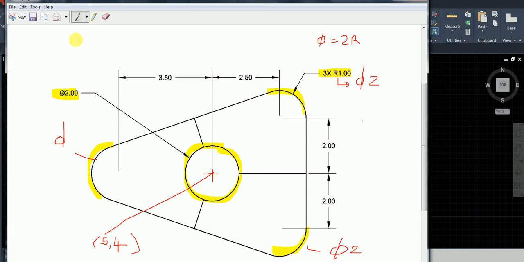Sorry, I think I should get my digitizer back. Okay, so first we draw this circle, the first circle. Which circle? This one. What's the dimension? At 5,4, diameter 2.